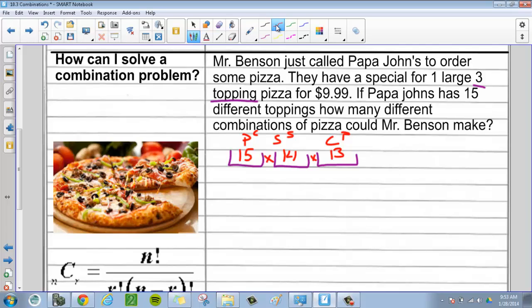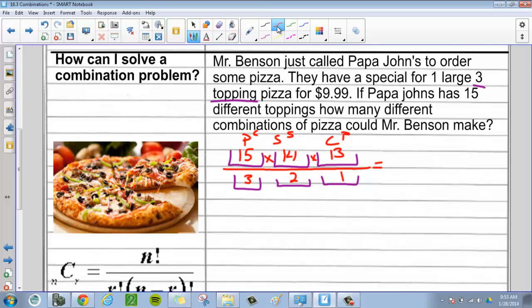So what I'm going to do is I got to divide by how many different ways I can arrange those toppings. So I'm going to put 3 more buckets on the bottom. And how many ways can I arrange those 3 toppings? Well, I have 3 options for the first one, 2 options for the second one, and 1 option for the third one.